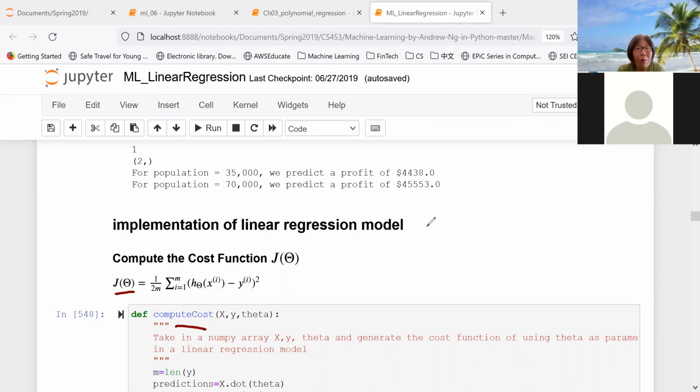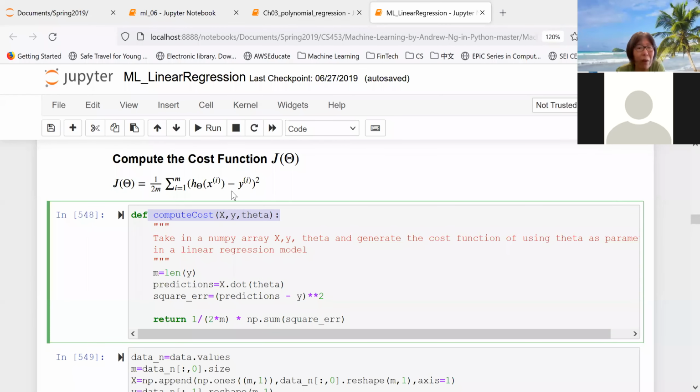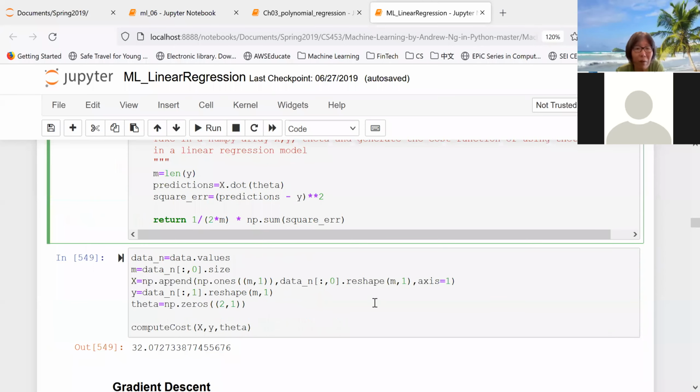This is the raw implementation, and it's just for reference. If you're interested, you can take a close look. We are not going to go to the detailed discussion, but anyway, here it provides a cost function in this specific case, okay.